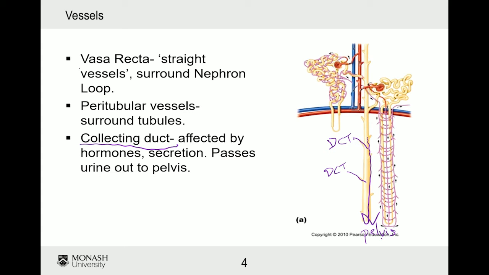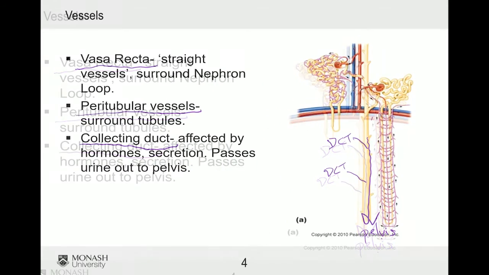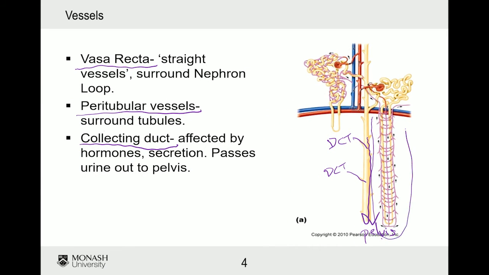Then we have two types of capillaries surrounding the nephron. These have different functions, but we won't go too far into that. The important part is that there's the vasa recta, these long straight vessels around the loop of Henle, also called the nephron loop. Let's write that in. Loop of Henle. And then vasa recta actually means straight vessels, so they're the straight ones around the straight nephron.